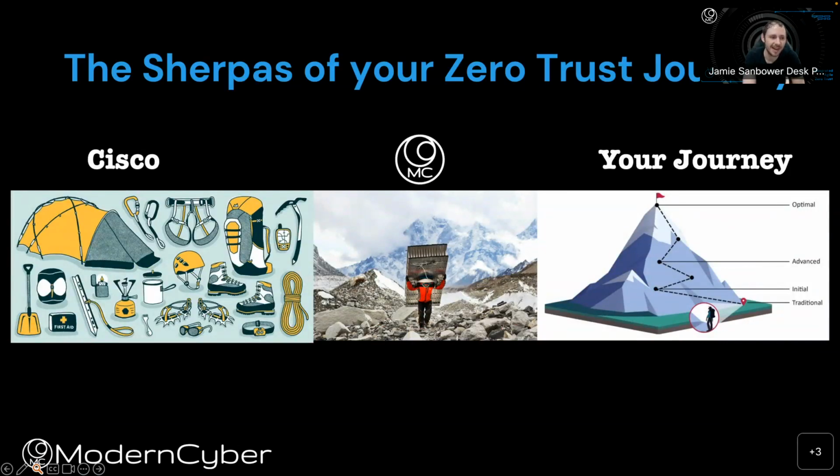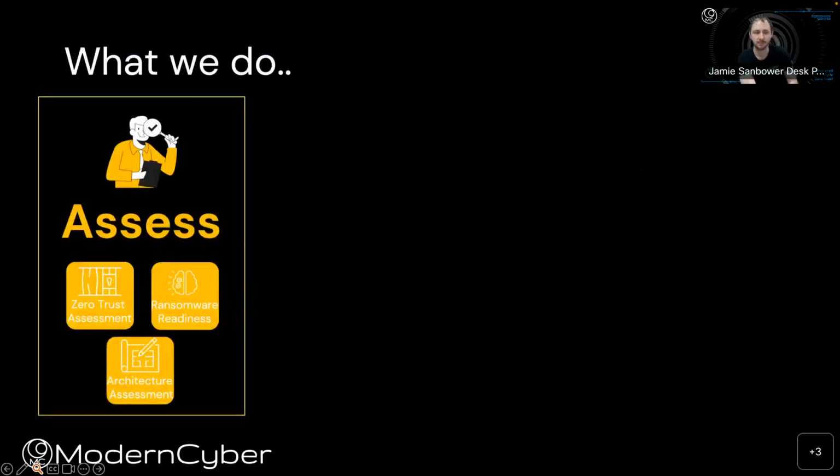Cisco provides all those tools and capabilities, often working together and fitting together, and there is even some great training out there for you to understand them. There's still that need to help you scale that mountain, understand the pitfalls, and configure things in a way that's actually going to meet your Zero Trust principles and strategy and help you get to the end of your journey.